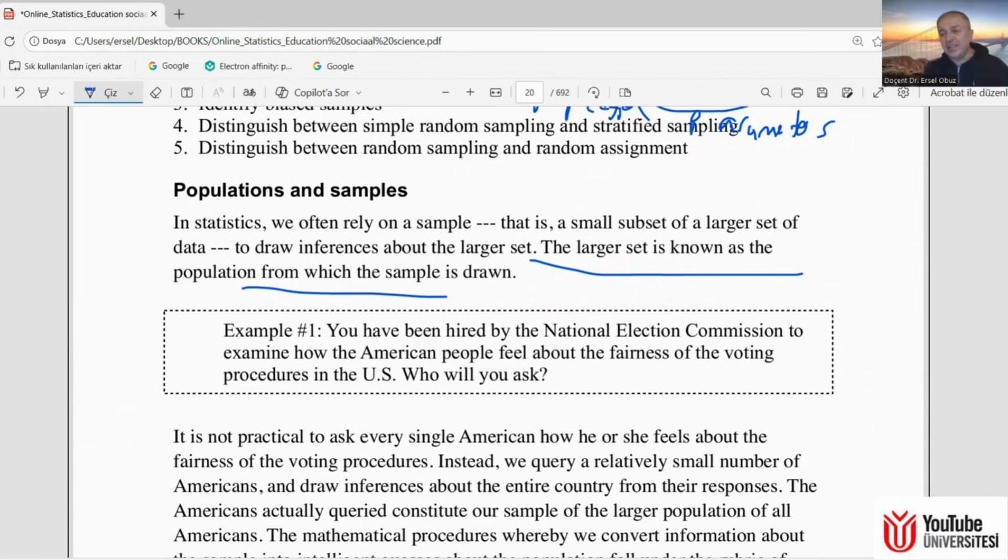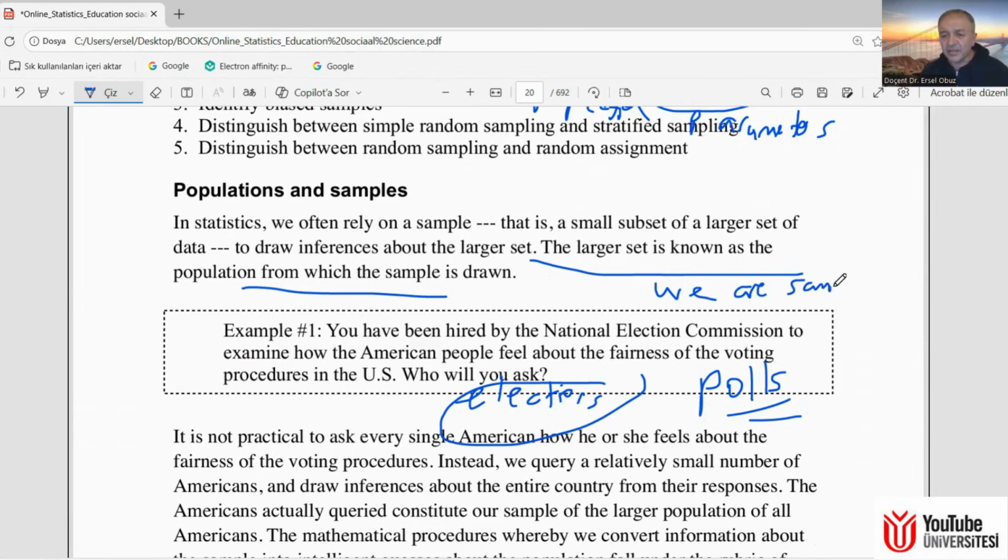When do we use this idea? We use this idea every day. Like when you think about elections, right? Before elections, we will have polls. What we are basically doing is sampling from a large population. Why? Because it is more feasible.